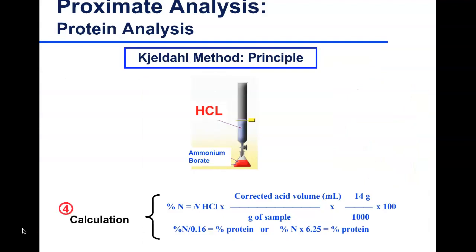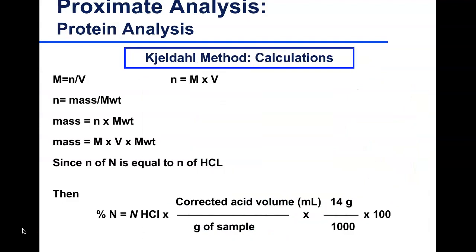If we're trying to calculate percent nitrogen, we know how many grams of sample we have. What else do we know? Do we know how much we titrated of the acid? Yeah, we know our volume of acid. So in this case, it's our volume of HCl titrated.